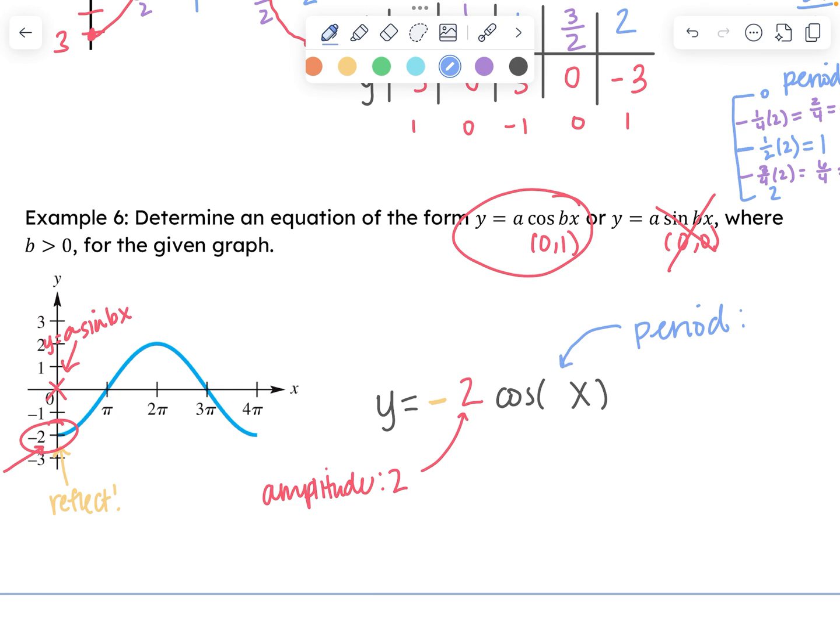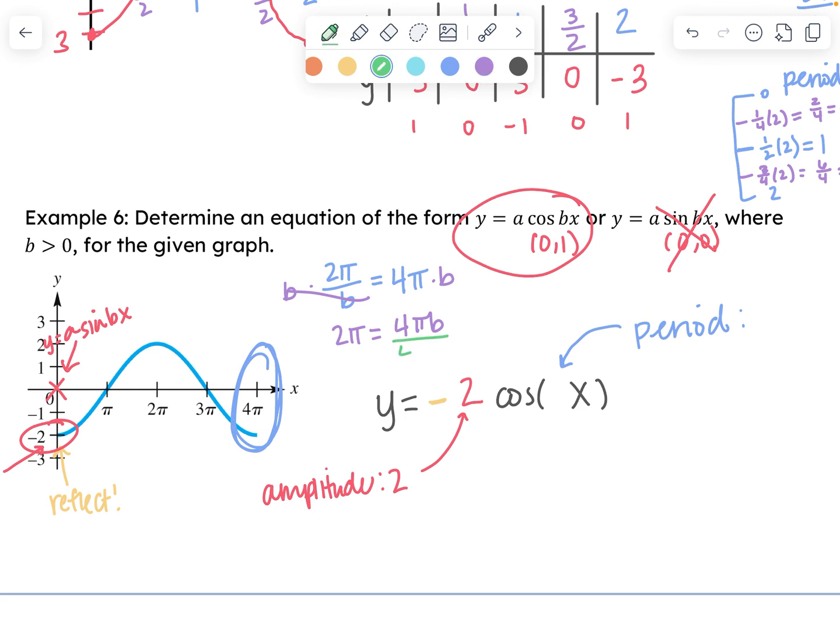So my wave goes till 4 pi. So remember, my 2 pi over b gives me my period, which is going to be that 4 pi. So I just have to solve that for b. I would start by getting b out of the denominator. So 2 pi is going to equal 4 pi b.